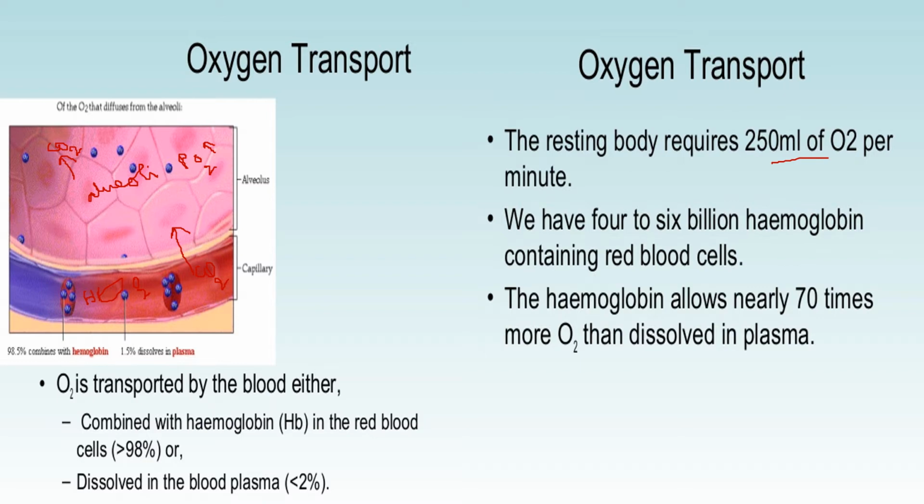So this hemoglobin allows nearly 70 times more oxygen than dissolved plasma. So here the oxygen being transported by hemoglobin is approximately 98%, whereas in the dissolved plasma it is less than 2%.